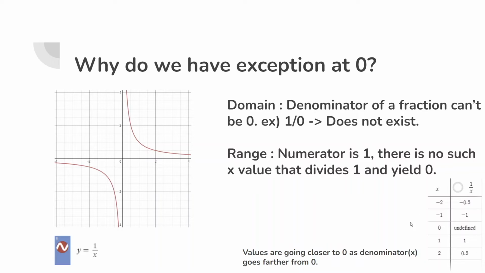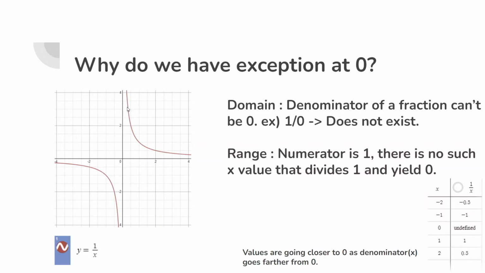Here's a table about x and its reciprocal function. As you can see, if we plug in 0 for x, then the reciprocal function, 1 over x, is undefined. And also the values are going closer to 0 as the denominator, x, goes farther from 0.